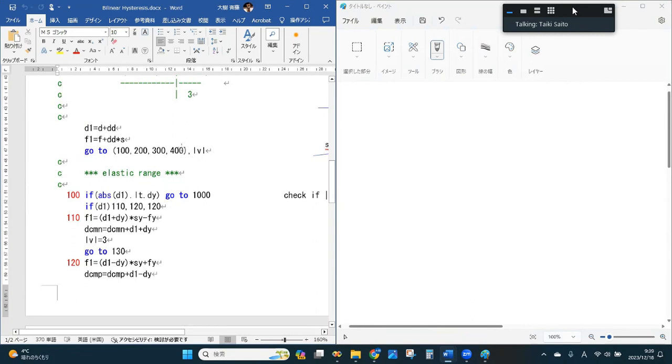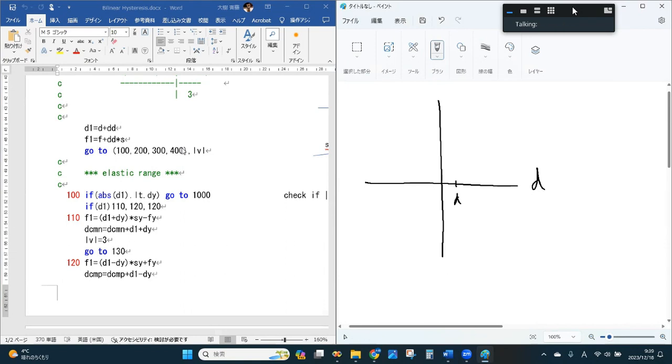Okay, so let's go. This is D. And okay, so this is D. And the increment is DD. The new deformation is D1. Okay. So first line D1 is equal to D plus DD.